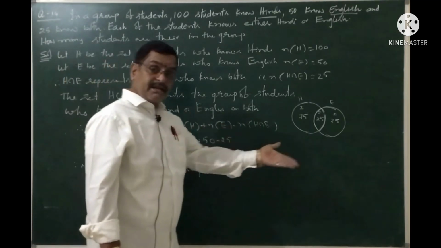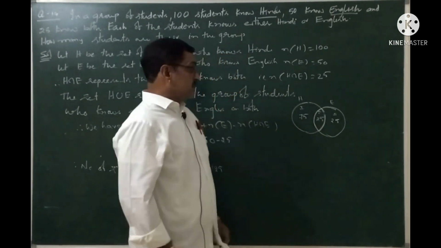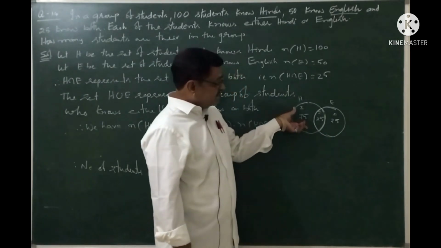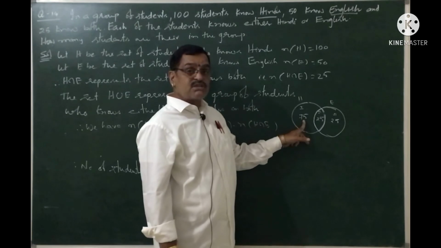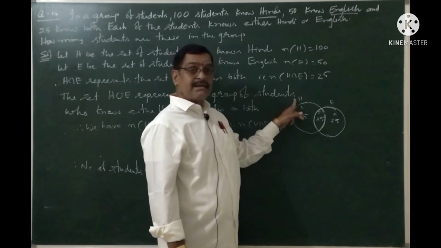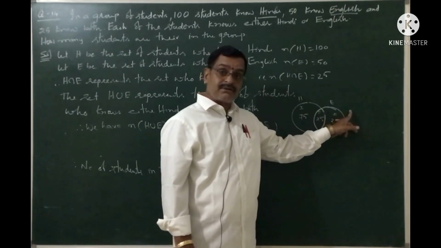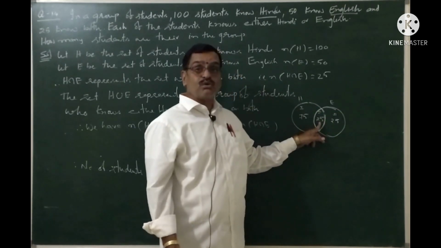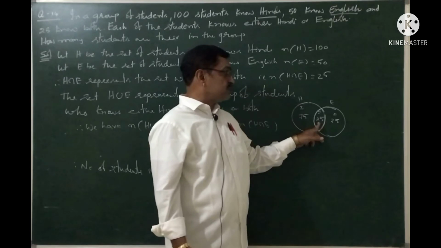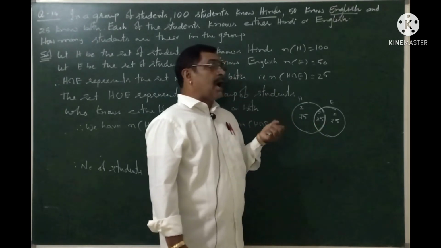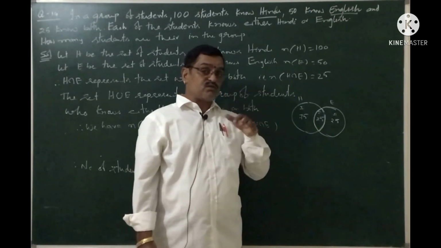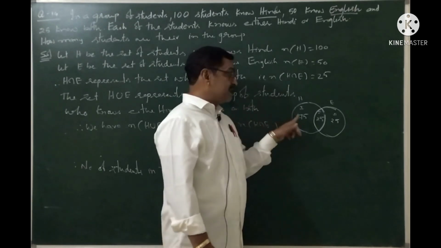And one more advantage of this diagram is, if you observe carefully, this 75 represents only Hindi, this 25 represents only English, and this 25 represents both. So if the question is how many students know only Hindi?